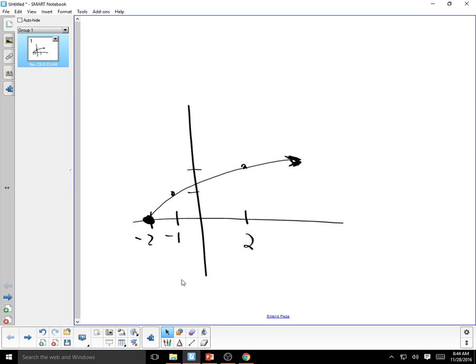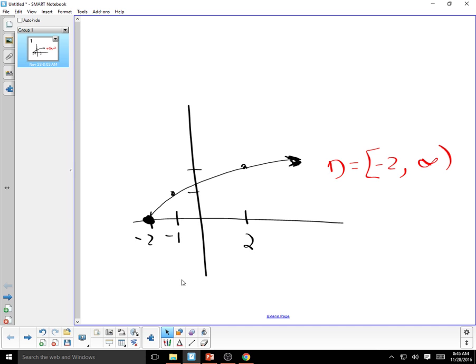What's the domain? Would it be negative 2 something? Beautiful. Absolutely right. The domain is, let's see here, and that's going to go off to positive infinity, parenthesis.